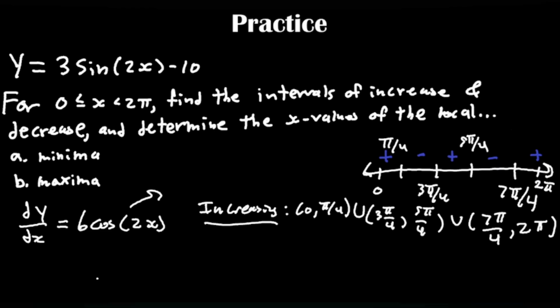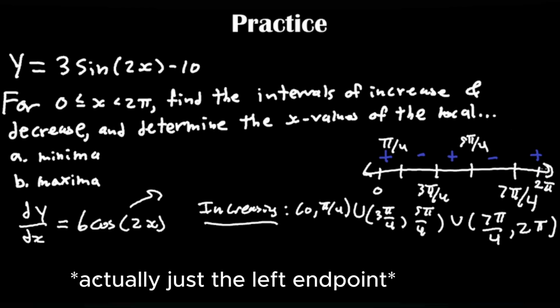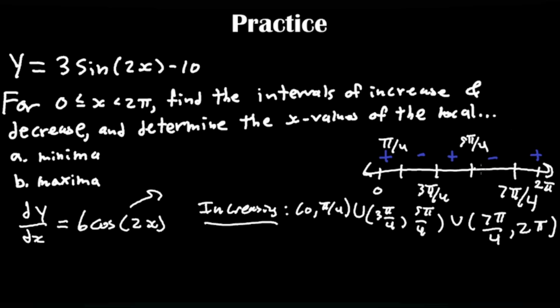Actually, we can use closed brackets for these endpoints because if you notice, all of these intervals have length pi over 2, but these ones at the end just have length pi over 4.